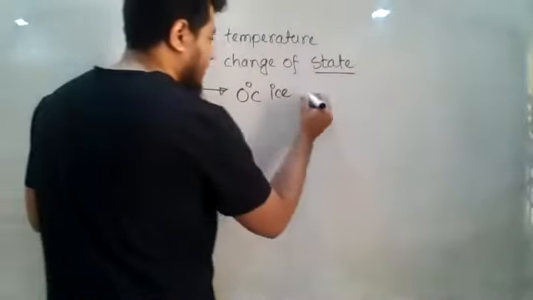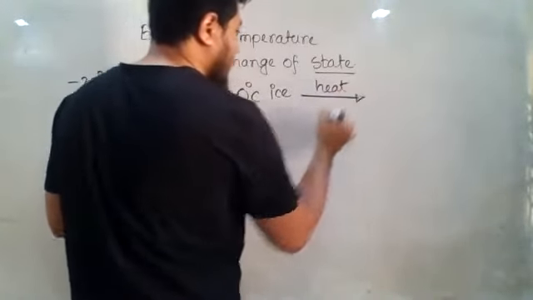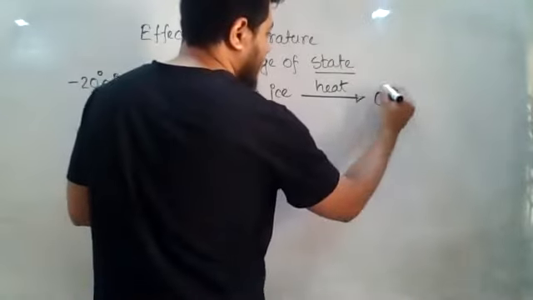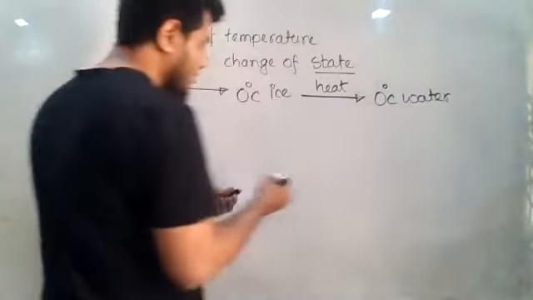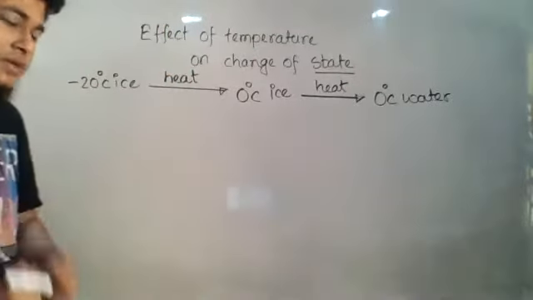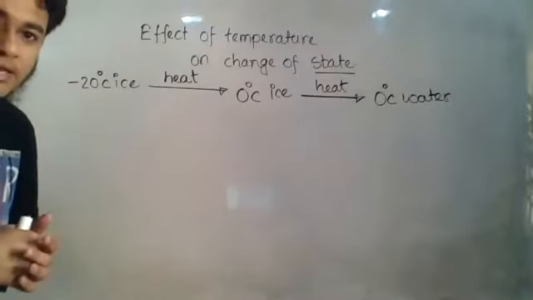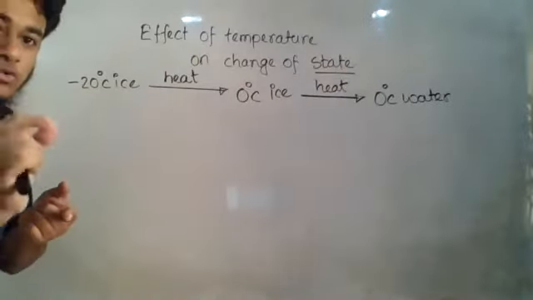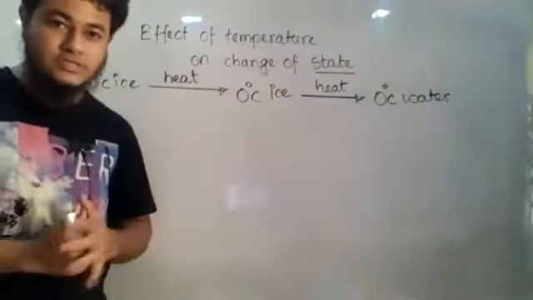So what will happen? 0°C ice, if I continue to heat it, it will be converted into 0°C water. What is actually happening here? When the temperature was -20°C, I was applying heat. The heat energy was used to change the temperature of the body and bring it to 0°C.